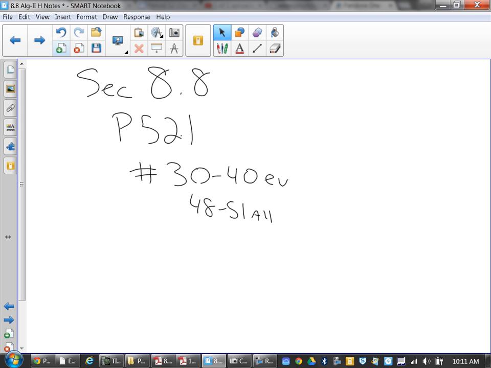All right? Go ahead and do those. 30 through 40 even. It's 3 graphs and 3 solve for x. And then 48 through 51 is 2 word problems that have 2 parts each. They're very, very straightforward. Okay?